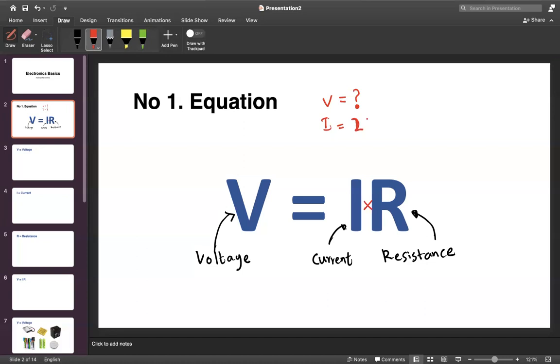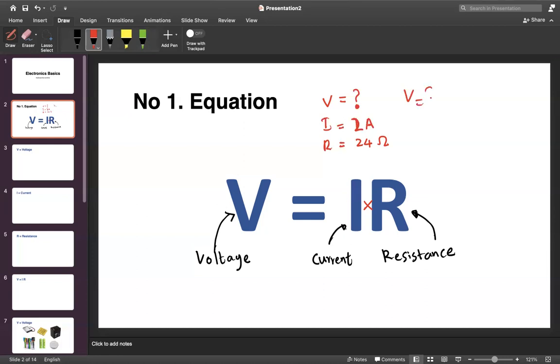Current is measured in amperes. So 2 amperes current, and the resistance is 24 ohms. Resistance is given in ohms.